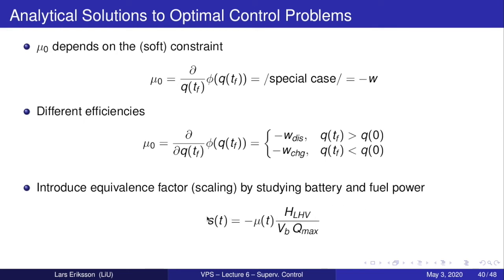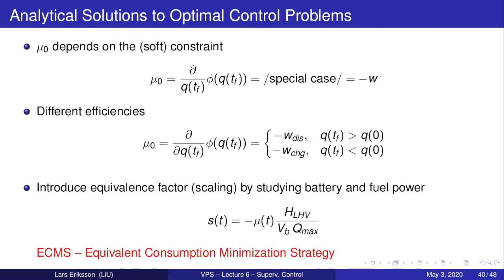So we introduce this S here, which is called the equivalence factor, where we have the fuel energy and we have the total energy of the battery. And then we can utilize this scaling factor here as a conversion factor between electrical energy and fuel energy. And that is what led to the word equivalent consumption minimization strategy.